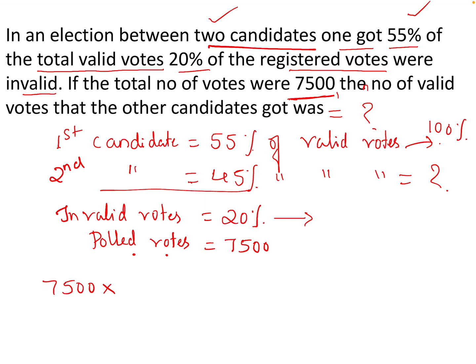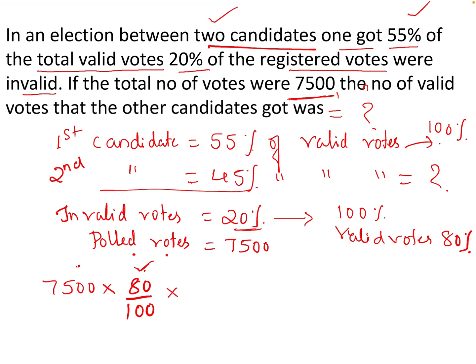If 100% are the votes and 20% are invalid, then valid votes will be 80%, isn't it? So 7,500 into 80 by 100, because these are the valid votes of total votes.